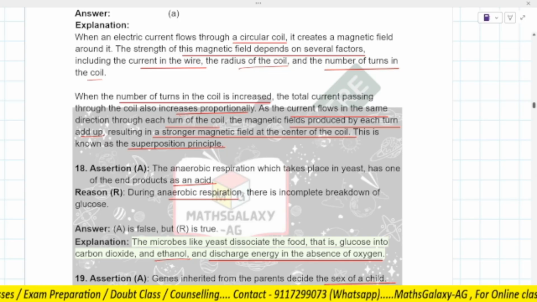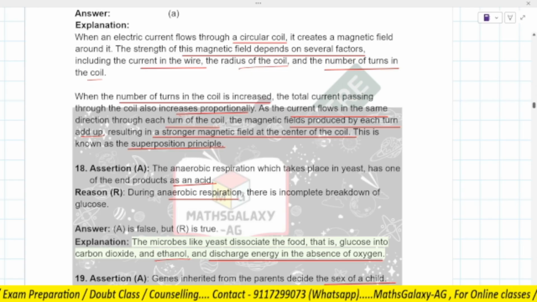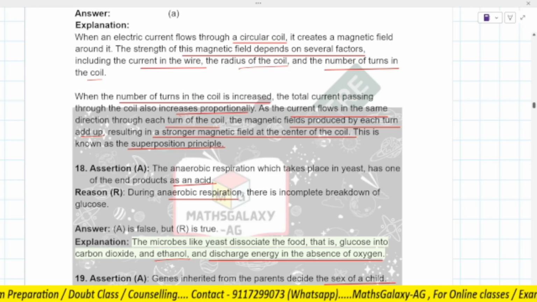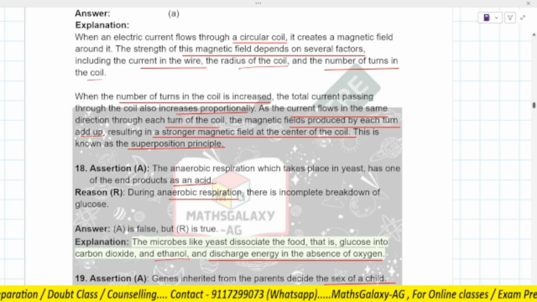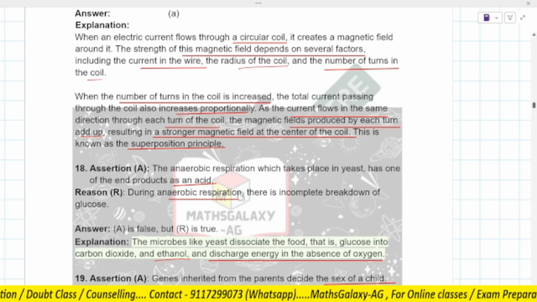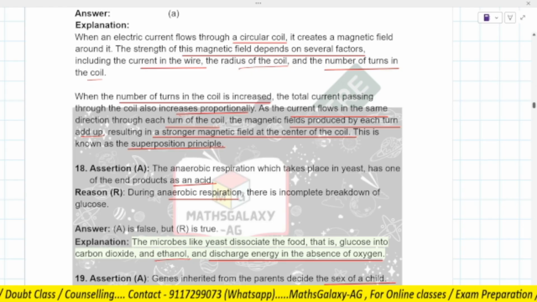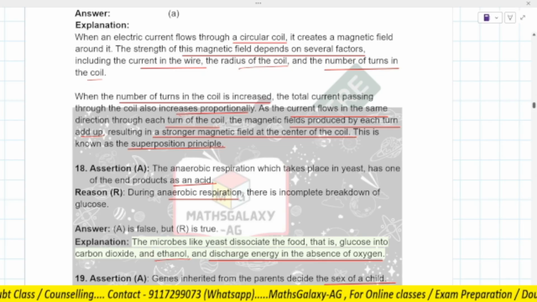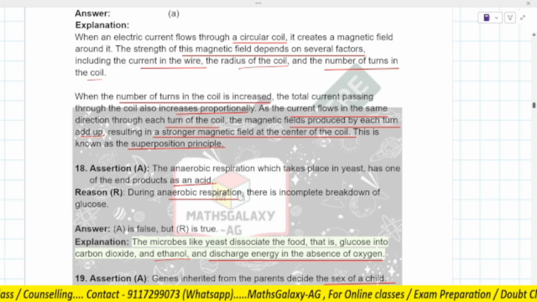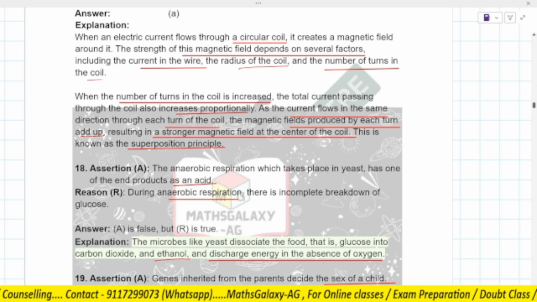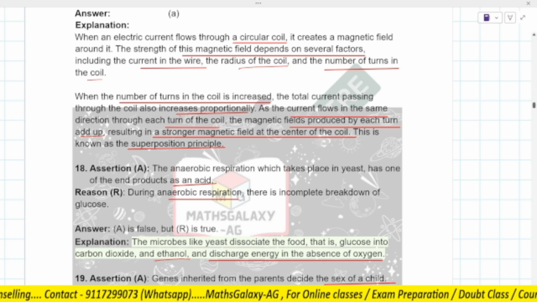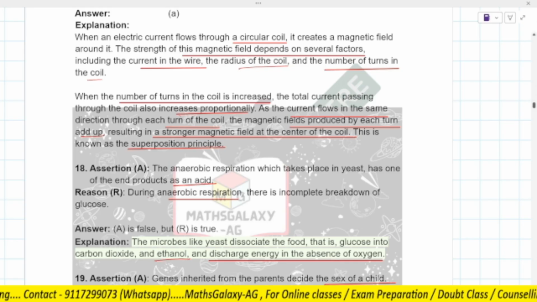Genes inherited from the parents decide, yes. X chromosome of a male child is inherited. A is true, R is false. X chromosome in a male, it should be. Why? Let me check.